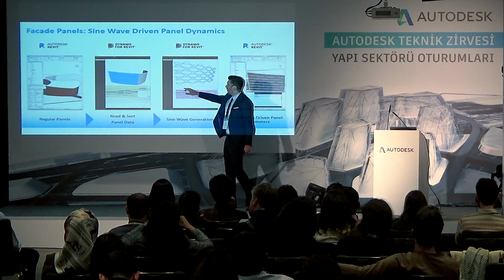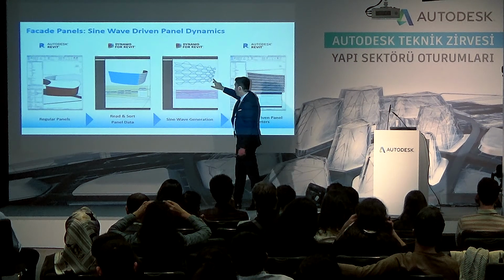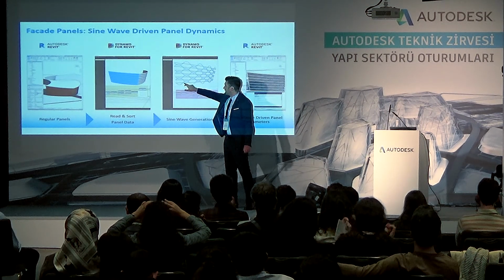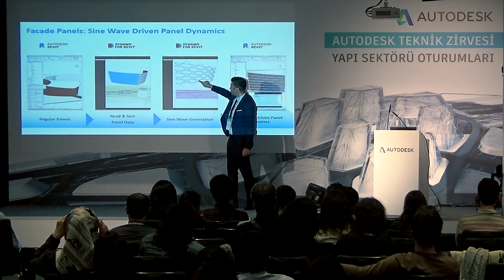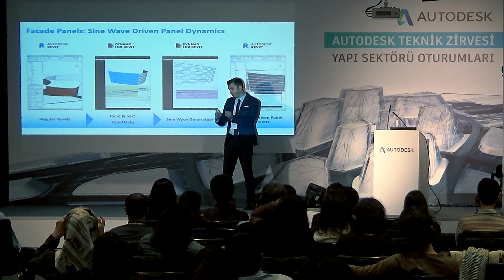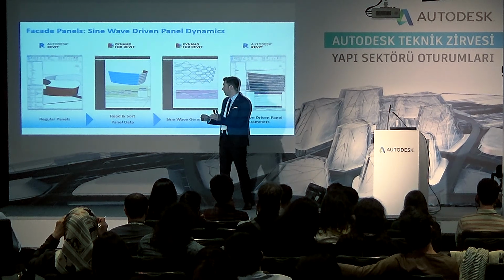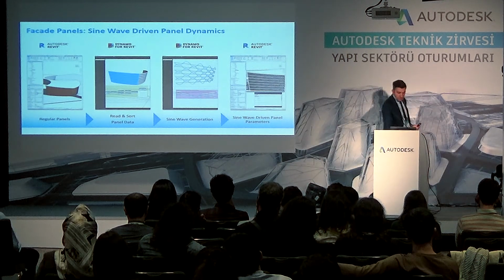Basically, we can match according to this line of the panels. We can create a sine wave, and we can match the height of this sine wave to the opening of the panel. So basically, I'll show you in the next slide. You will understand a bit better how this works.